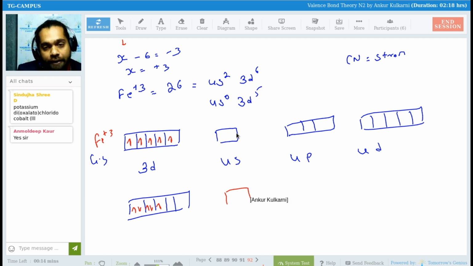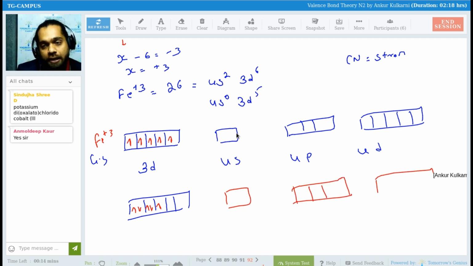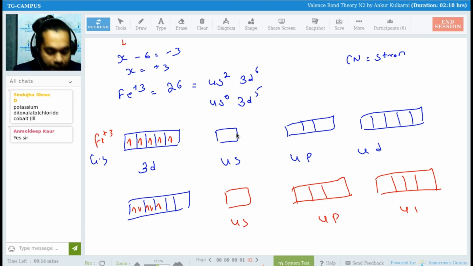And one ligand donates how many electrons, Jason and Sarjan? Ligand is a donor atom. So it forms a coordination bond, no? So it donates 2 electrons. How many ligands do we have? We have CN6. I have 6 ligands.